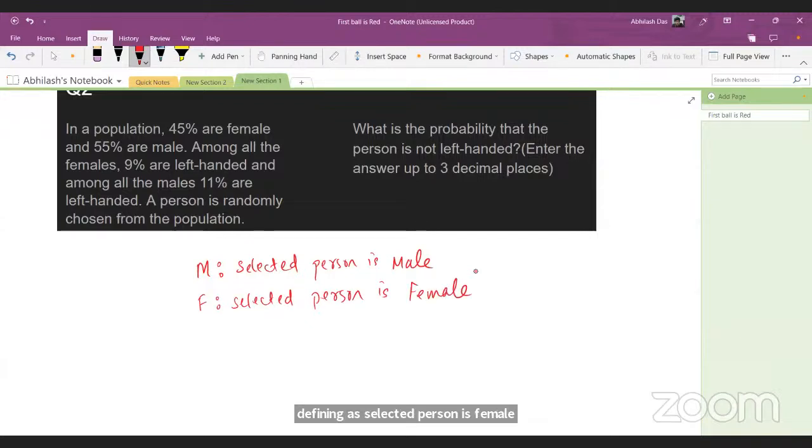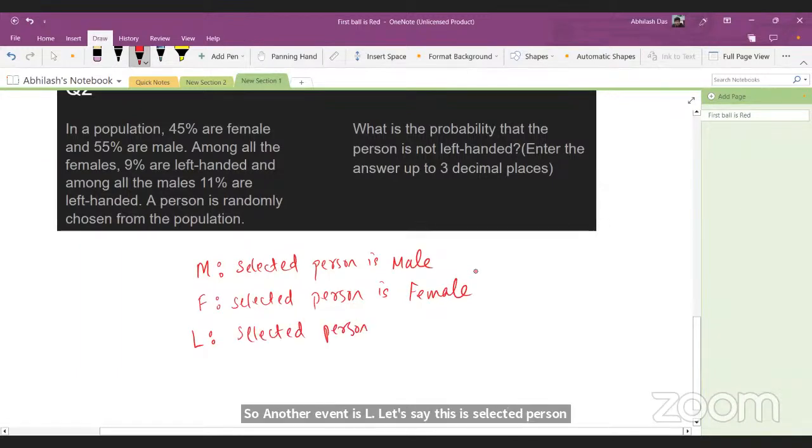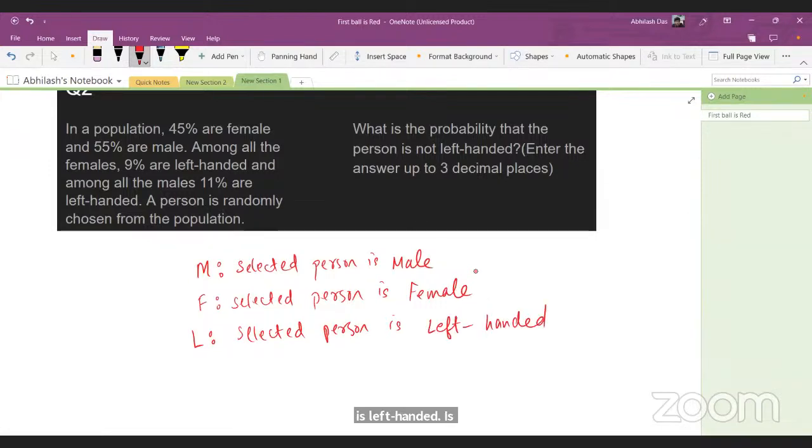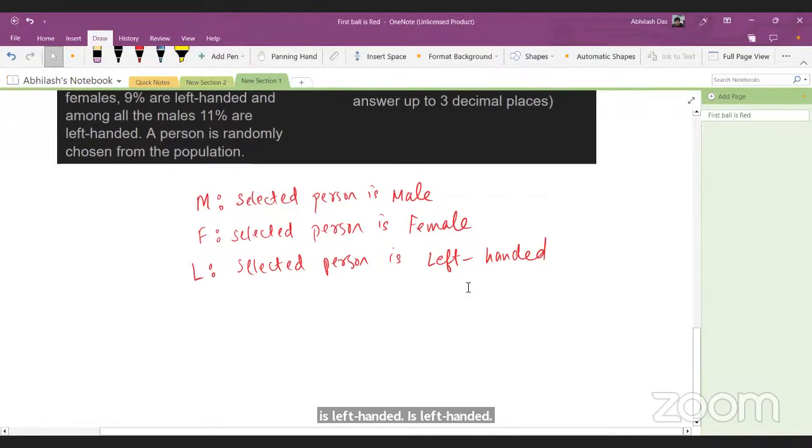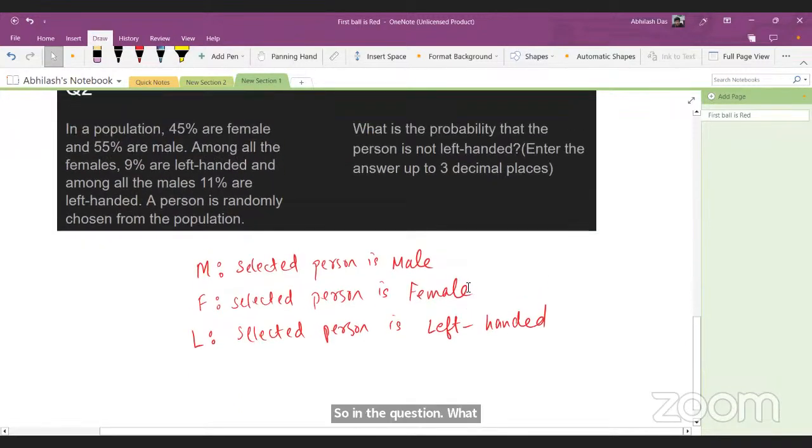Another event is L, the selected person is left-handed.